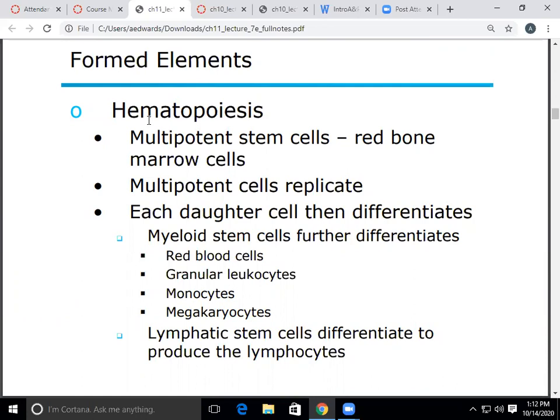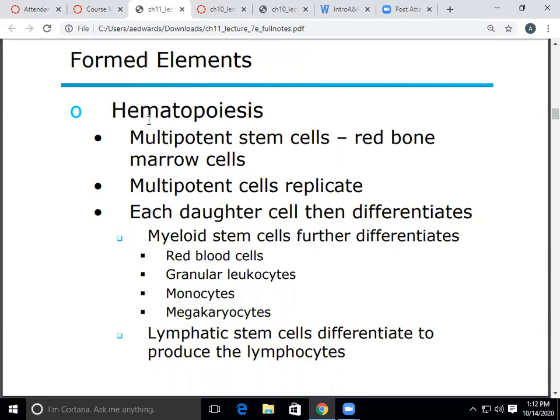Okay, you get these myeloid stem cells, and they go through even more differentiation. So you get red blood cells, you get what we call granular leukocytes, you get monocytes, and you get megakaryocytes. All right, and so the leukocytes and the monocytes, we typically refer to these generally as white blood cells, but there are specific types.